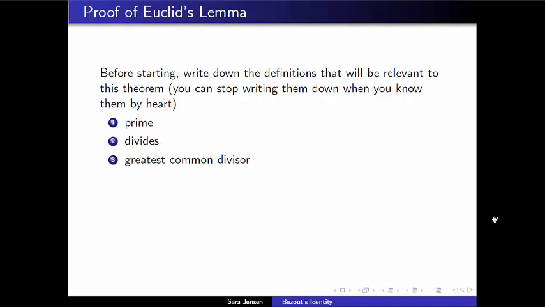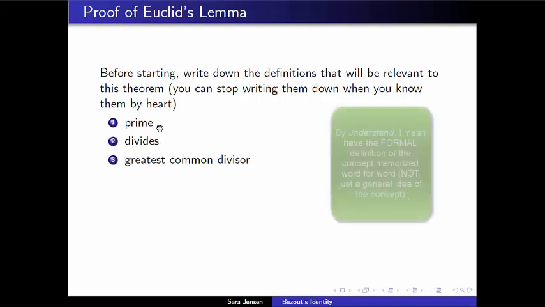Mathematicians have a habit of writing exactly what is necessary in order for a result to be true. So if you don't know what you're assuming, you're missing information and you're not going to make it to the end. So before you start walking through the proof of Euclid's lemma, you should at least make sure that you understand what it means for a number to be prime, that you understand what it means for one number to divide another, and that you understand the greatest common divisor of two different numbers.